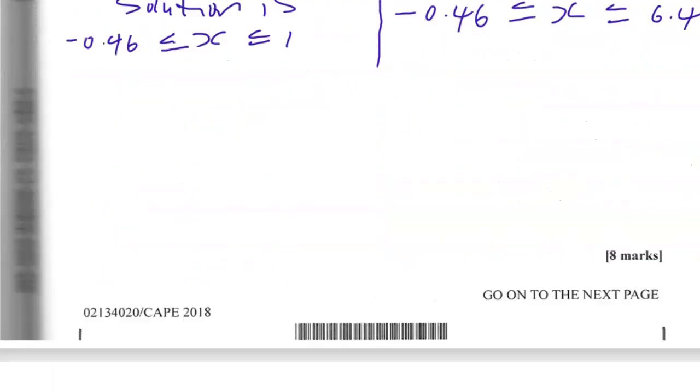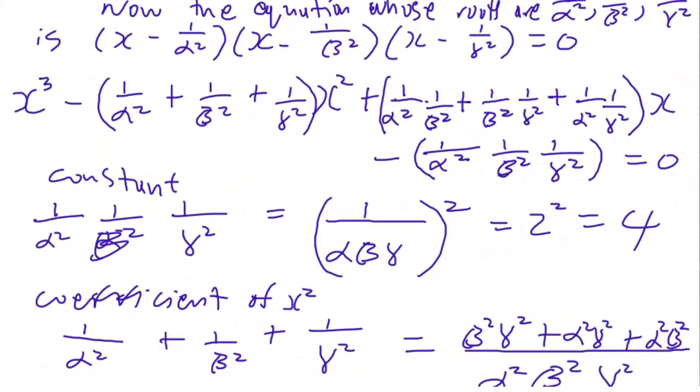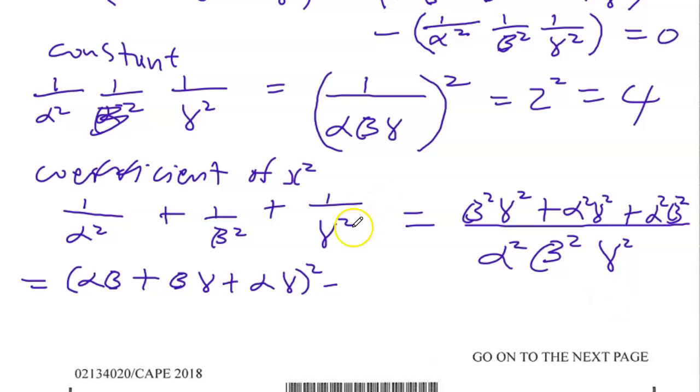minus 2 times alpha beta gamma, the product, times the sum, alpha plus beta plus gamma.